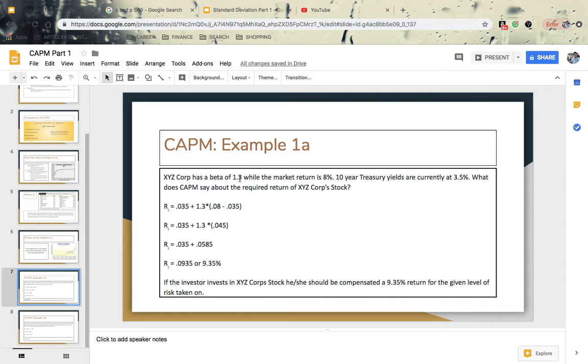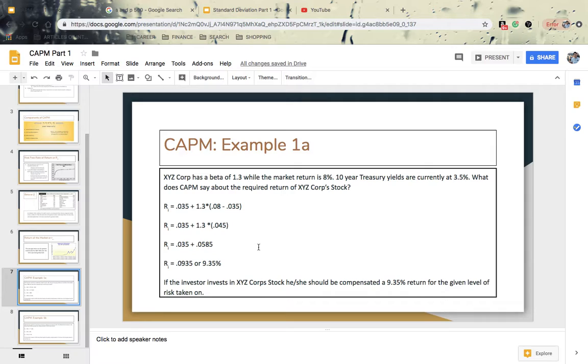That is not a decimal, so we don't have to switch to decimal places or anything like that. So 1.3 times the market return, which is 8%, minus the risk-free rate. If you simplify the parentheses and go all the way down, the required return on XYZ stock is 9.35%.